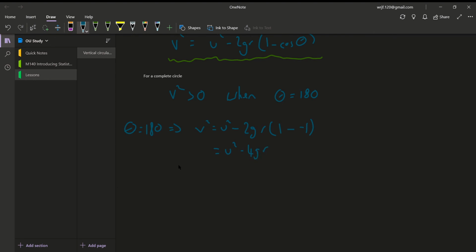and for v squared to be greater than 0, that implies that u squared must be greater than 4gr, or if you want it as something for u, we need to have u greater than 2 root gr.